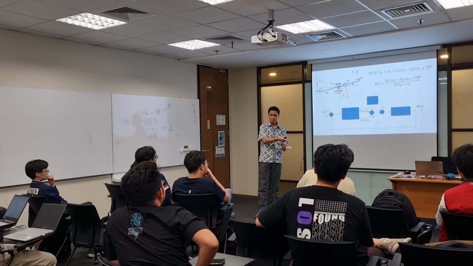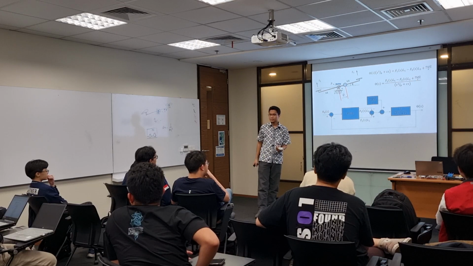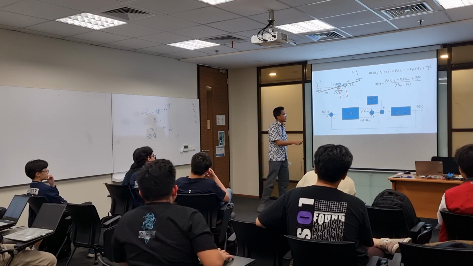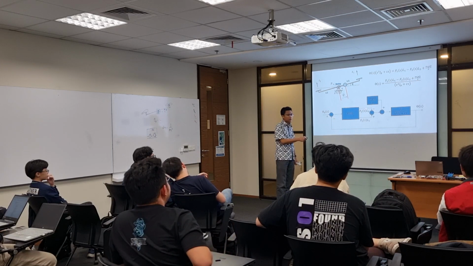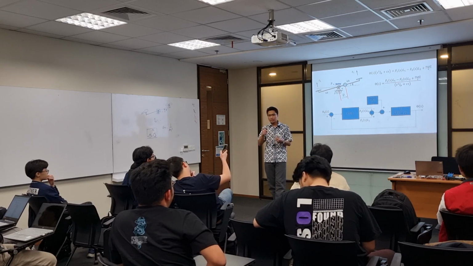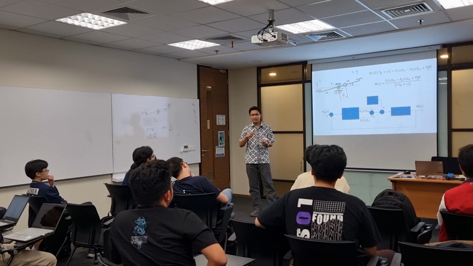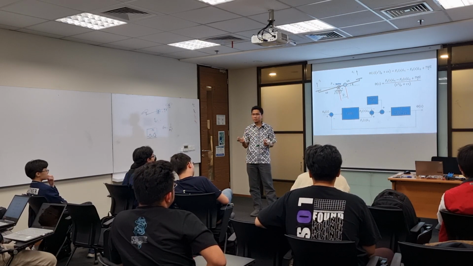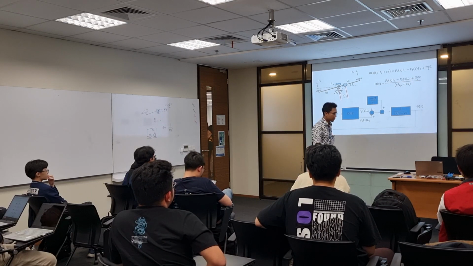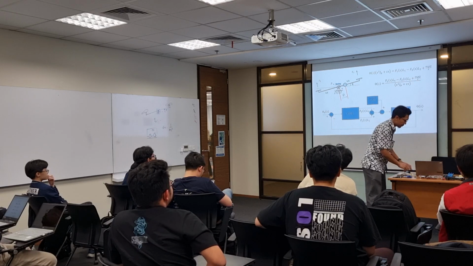Voltage. So you are actually sending a voltage out from the Arduino, and the voltage is going to affect the rotational speed of the motor, and the rotational speed of the motor is going to affect the what? The thrust.